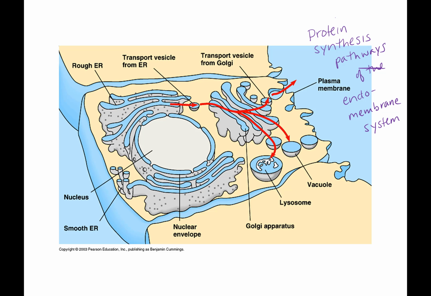And again, notice everything starts in the rough ER, goes through the Golgi, and then goes to its destination, which might be secretion, might be a vacuole, might be a lysosome, might be on the plasma membrane. It can actually come back and be part of the Golgi or part of the ER.